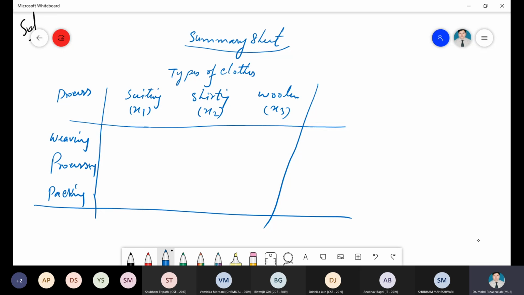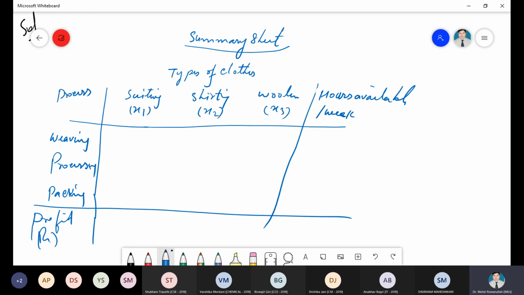Then the profit is given, and then hours available, and this is per hour. I think it is weekly, per week. Hours available per week. It is given. Then the profit per unit in rupees is given.